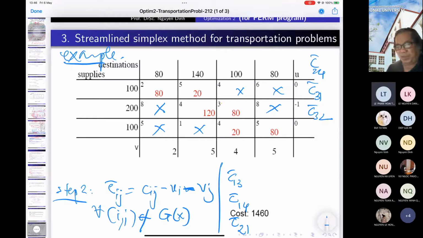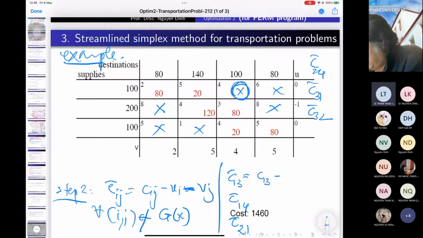So we need to calculate 6. Is that okay? So C bar 1,3, look at this one. C bar 1,3 equals C1,3 minus U1 minus V3.